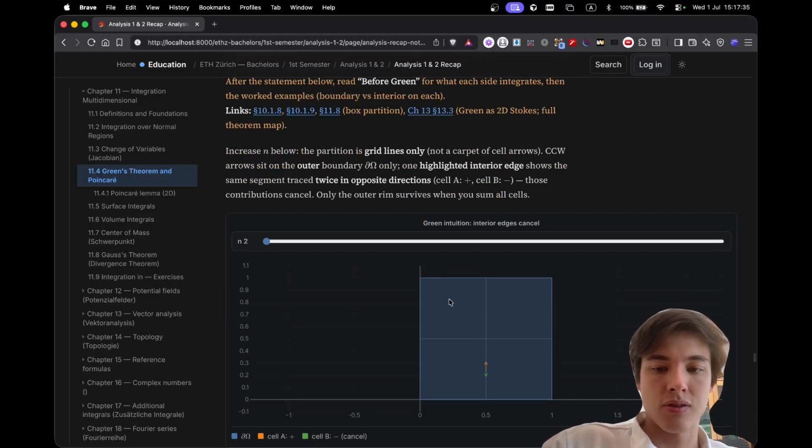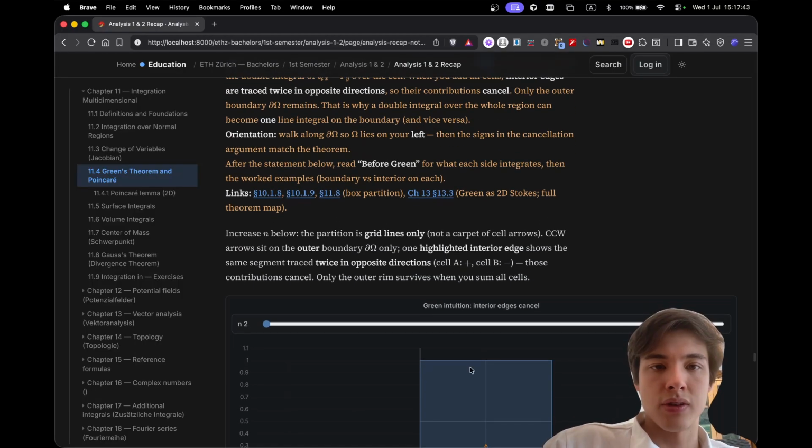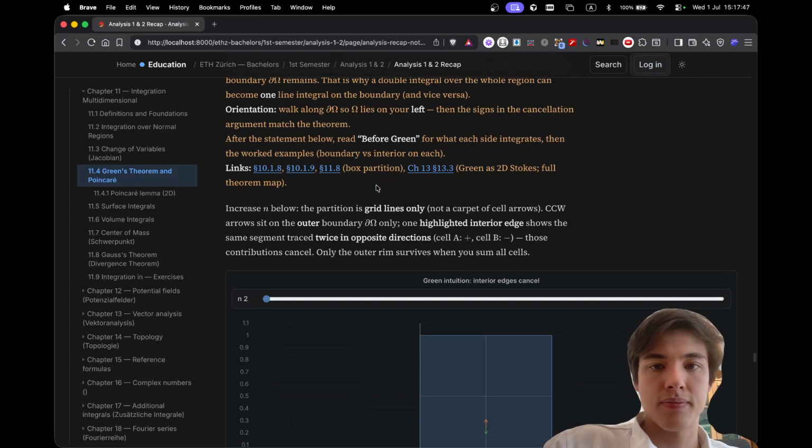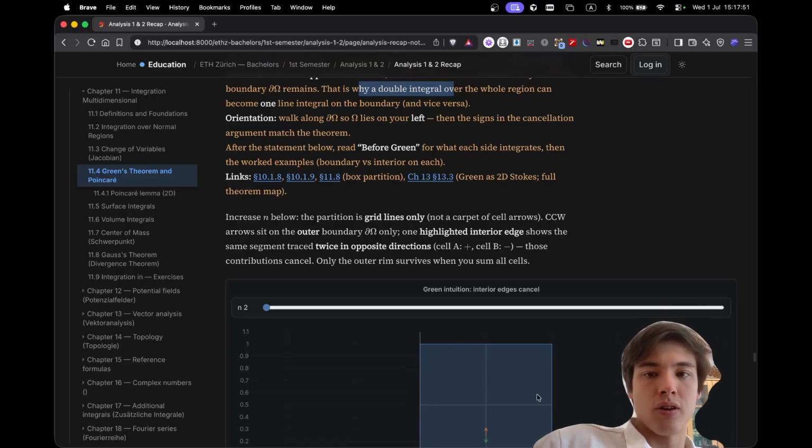If we go this way, this cancels out. It's one time plus, one time minus. So only the outer boundary is left. That's why the integral over the whole area can just be a line integral along the boundary.